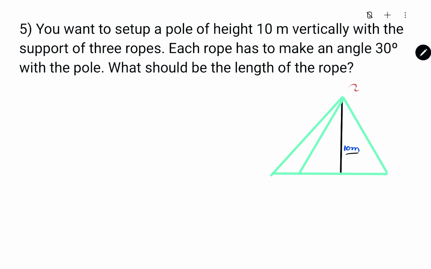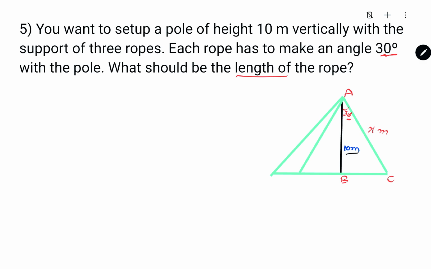We assume this vertex is A, here B, here C. We don't know the length of the rope, so we take this rope length as x meters. Here the angle is 30 degrees. This rope makes an angle with the pole of 30 degrees.